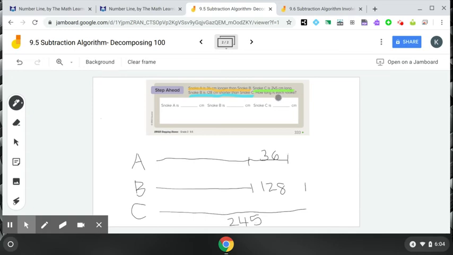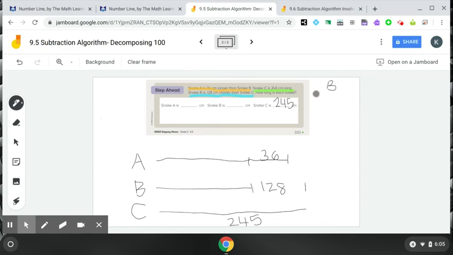We know that snake C is 245. So they gave us that answer. Wasn't that nice of them? But now if I'm going to find snake B's length, I'm going to have to do some math. Remember, our total here was 245 and snake B was 128 centimeters shorter.